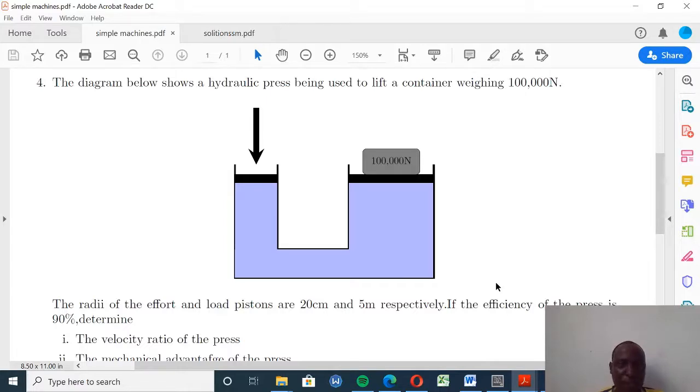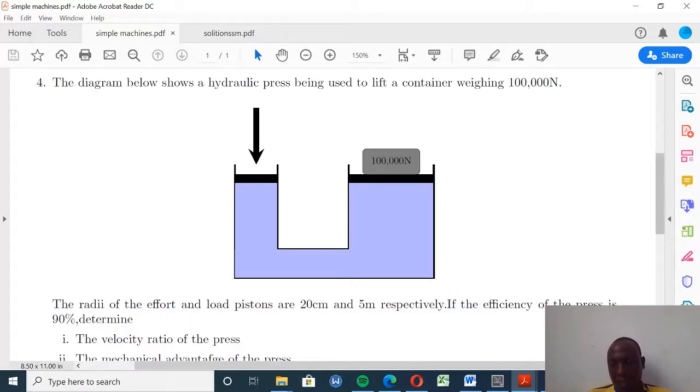Question number 4 is saying that the diagram below shows a hydraulic press being used to lift a container weighing 100,000 newtons. The radii of the effort and load pistons are 20 centimeters and 5 meters respectively.